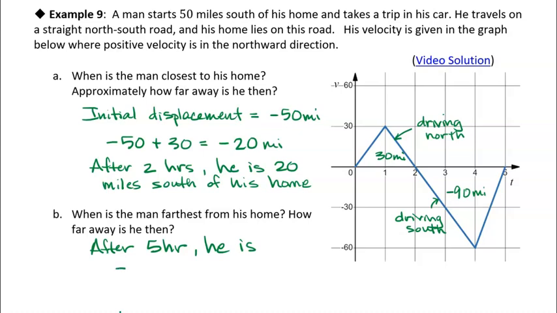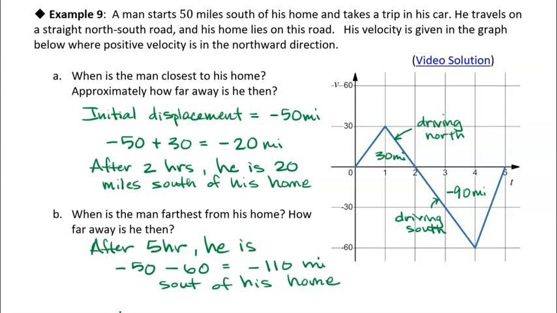So we're going to have negative 50 minus 60, because that's the 30 minus 90. And so he is negative 110 miles south of his home. Let's write it down here. So he's 110 miles south of his home.